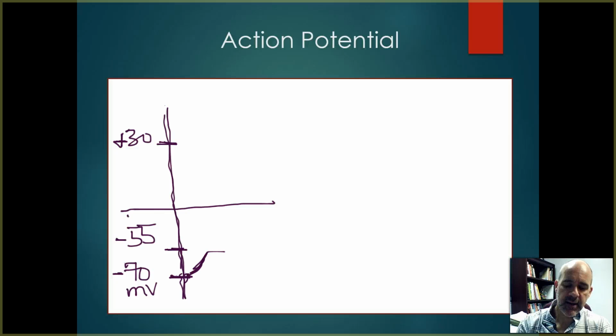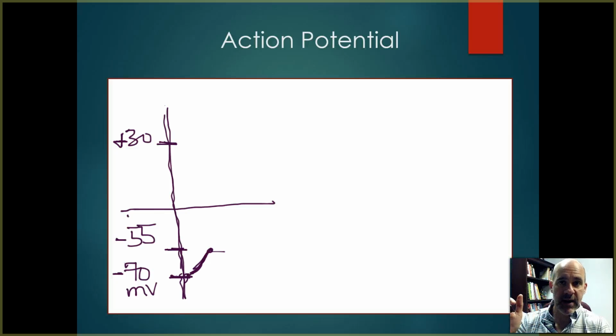If at the axon hillock, you reach minus 55 millivolts, then you've got some what we call voltage-gated sodium channels that swing open. And they only open at minus 55, so you've already got to have a partial depolarization going on, a partial change in membrane voltage that's already happened there.